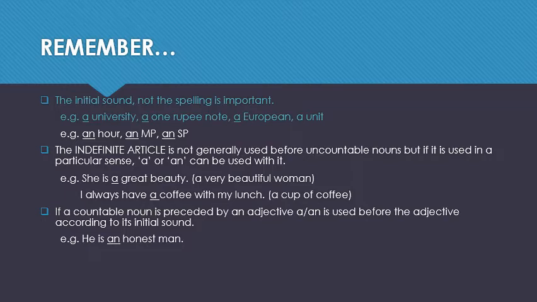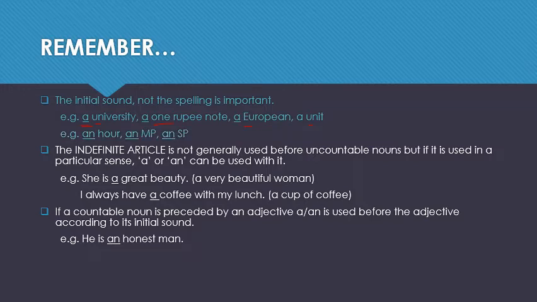Now this U, O, E, U, these all are vowels. But the sound that is produced by them is of a consonant. So in that case, we are going to use a.